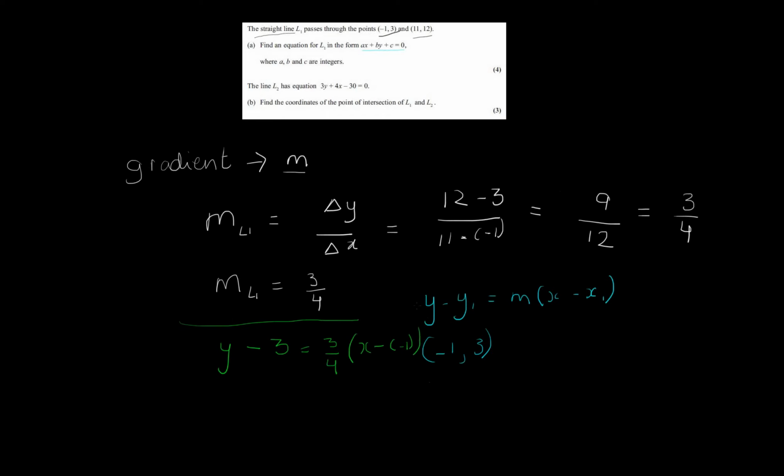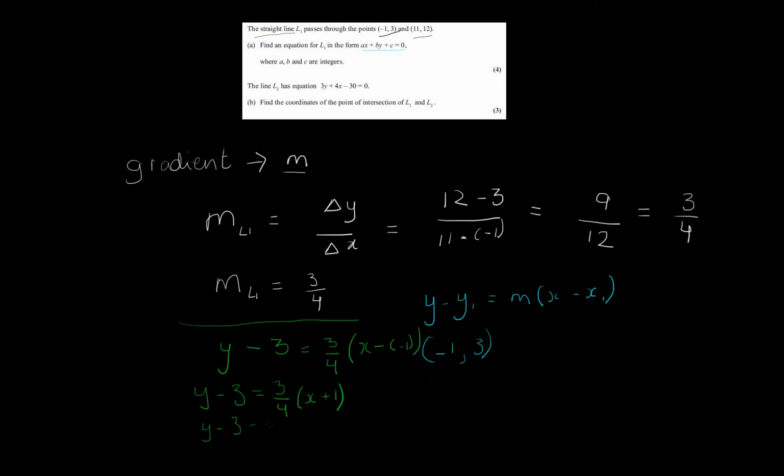Okay, now if we simplify this down, y minus 3 equals 3 divided by 4 times x plus 1, because a negative number being subtracted by something is the same thing as adding that number onto the something. And then we just have to solve this a bit further.